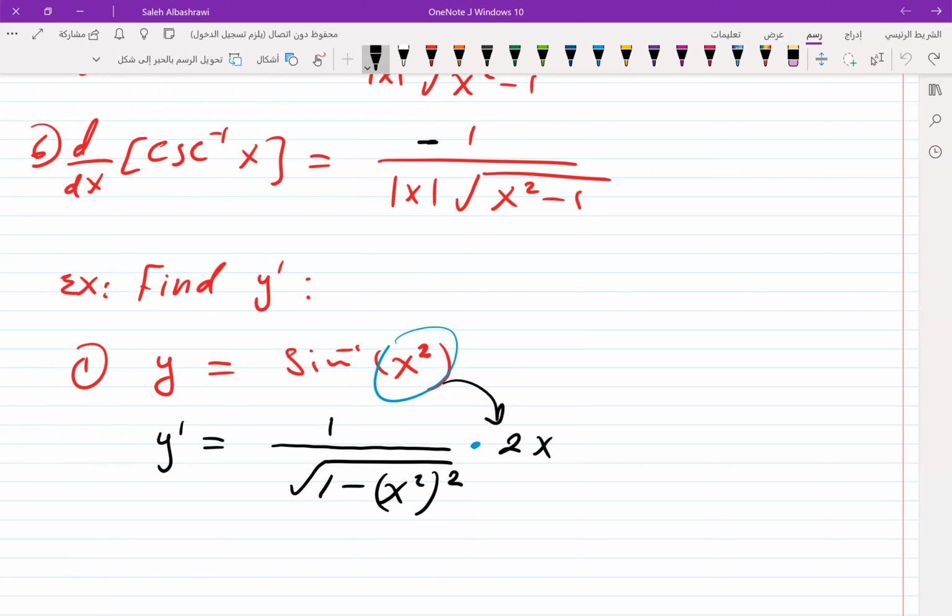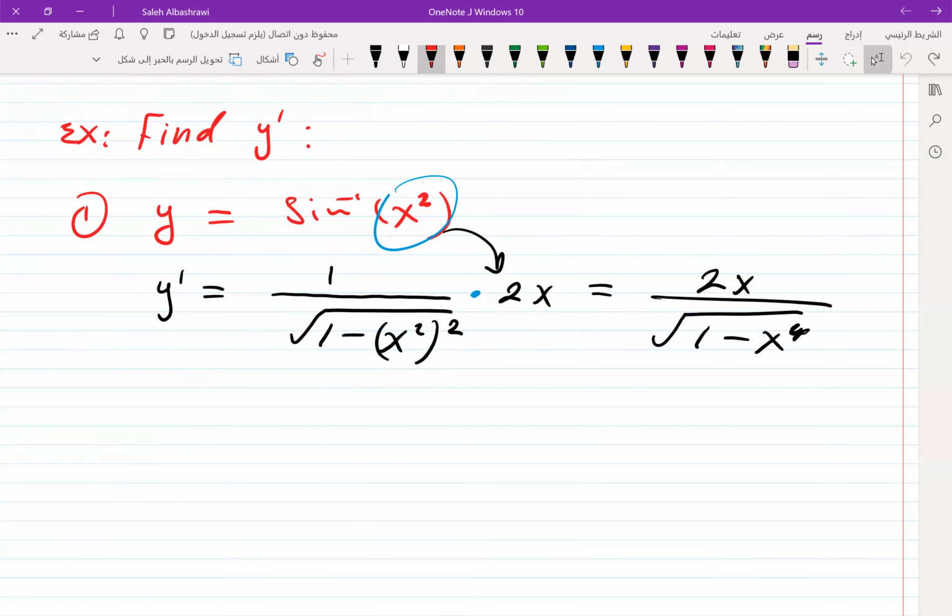What was given in the formula was the basic one, when the angle is x, but if the angle is not x, then we have to find the derivative for the angle by the chain rule. So it is 1 over square root of 1 minus x squared all to power 2 multiplied by 2x, or I just can write it as 2x divided by square root of 1 minus x to power 4. This is the derivative of this function.